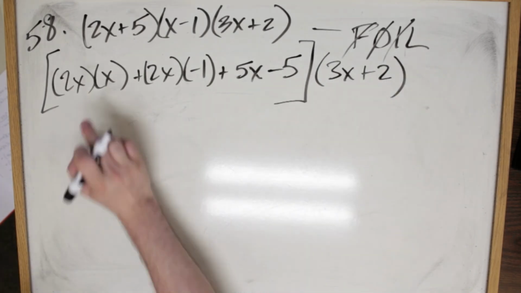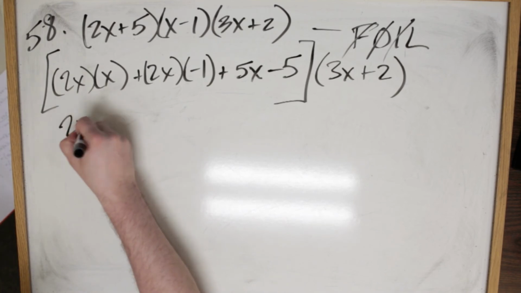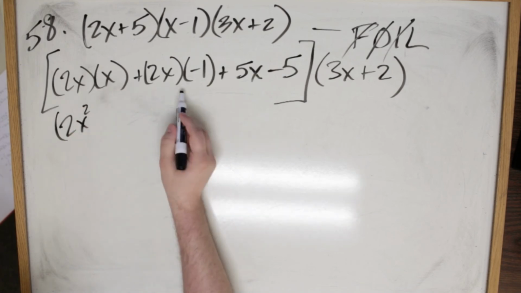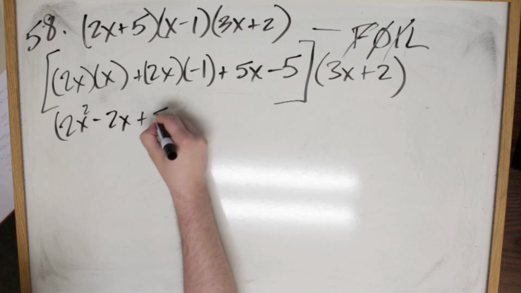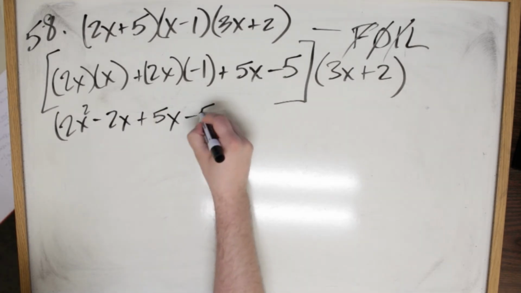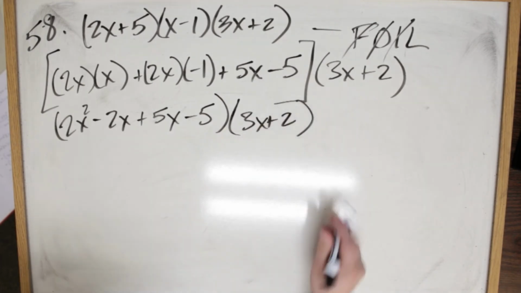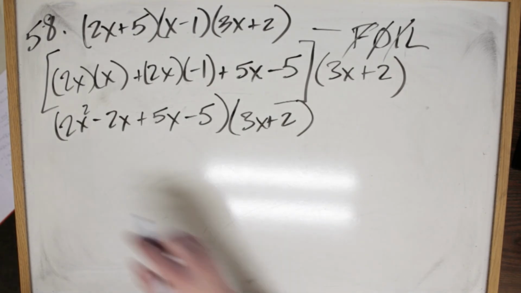Let's go ahead and simplify this stuff. This is going to be 2x squared. This is going to be minus 2x plus 5x minus 5. And the 3x plus 2 is going to come along for the ride. So these are all equal, by the way.